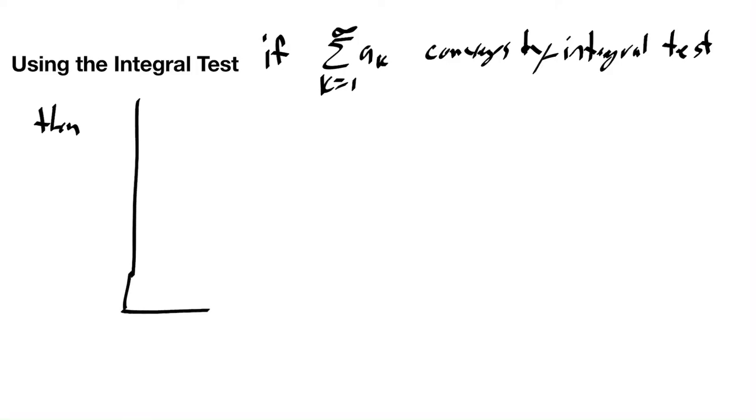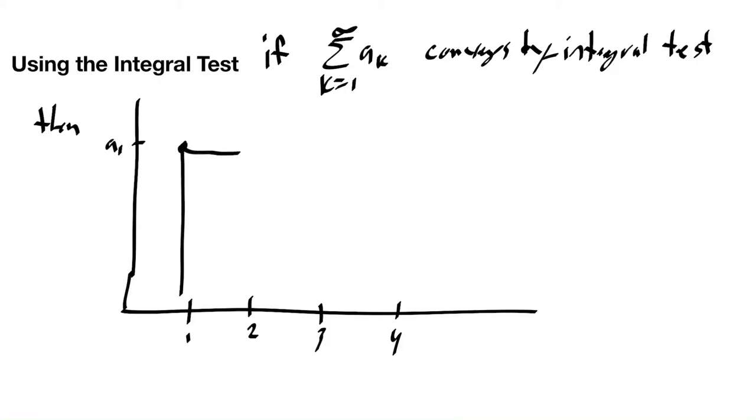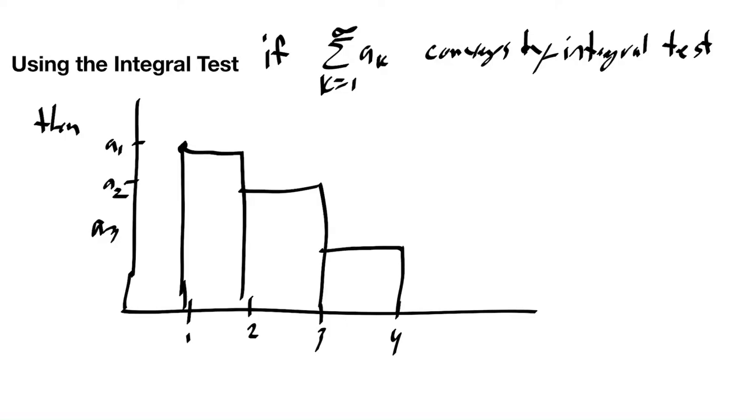Well, the way we came up with this was we drew ourselves a picture where we had 1, 2, 3, 4, and then I took the height of my sequence, like a_1, and put it like that, and then a_2, and drew a picture like that, and a_3, and drew a picture like that, and then I just kept drawing my picture.